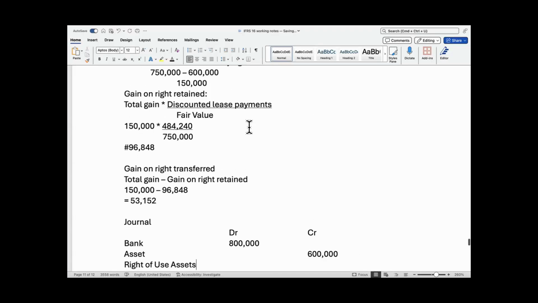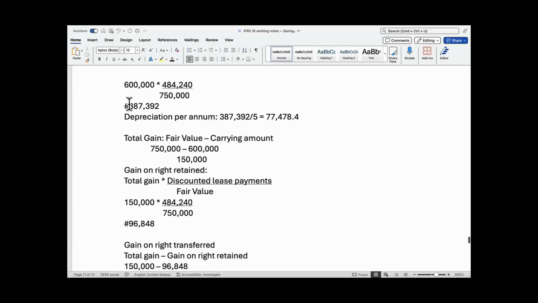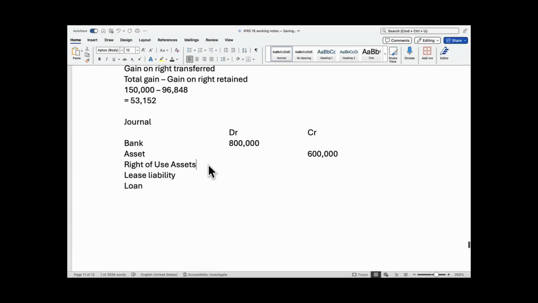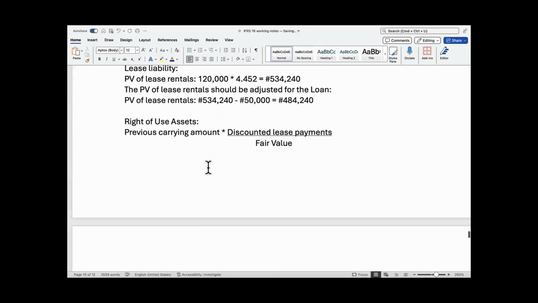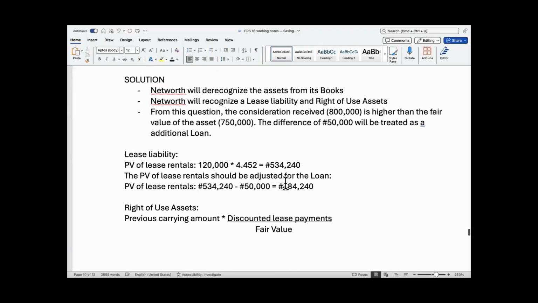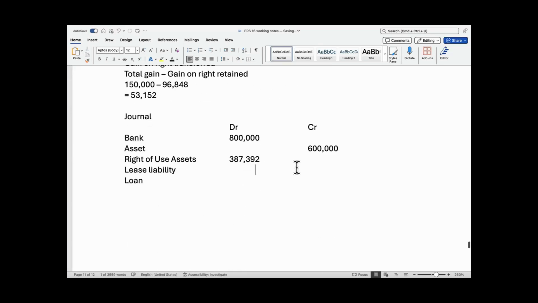How much was the right of use asset that we computed? That's this 387,392. That's the debit, of course. The lease liability will be a liability credit, which will be the balance here after removing the loan. That is 484,240.